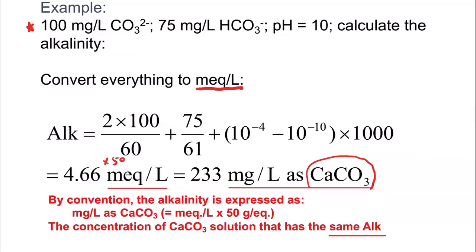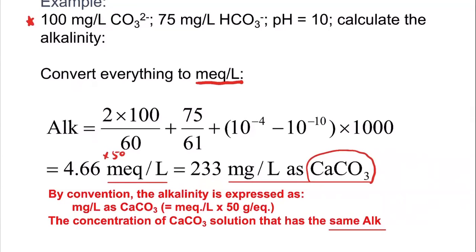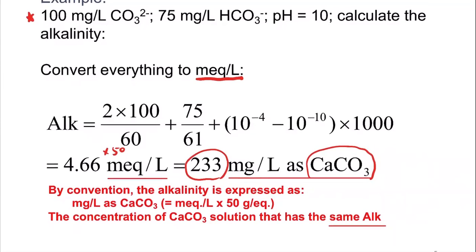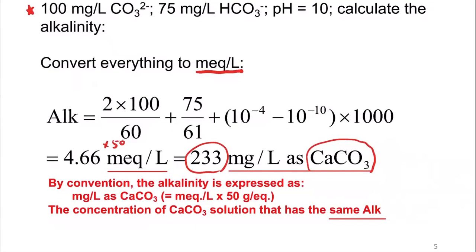By multiplying this value by 50, the result is 233 milligram per liter as calcium carbonate. Okay, so this is an analogy. This water sample's alkalinity is the same as a water sample that contains 233 milligram per liter of calcium carbonate in the water. So they have the same alkalinity.